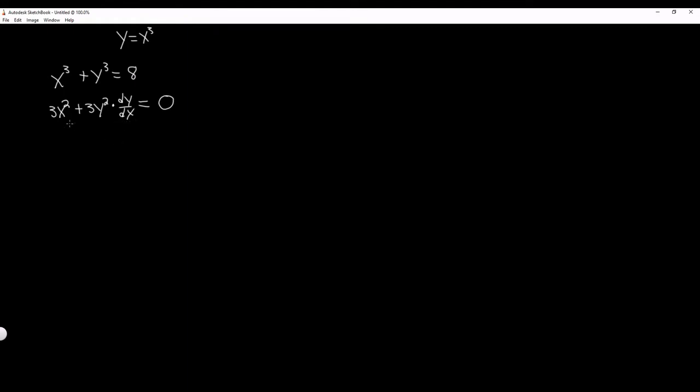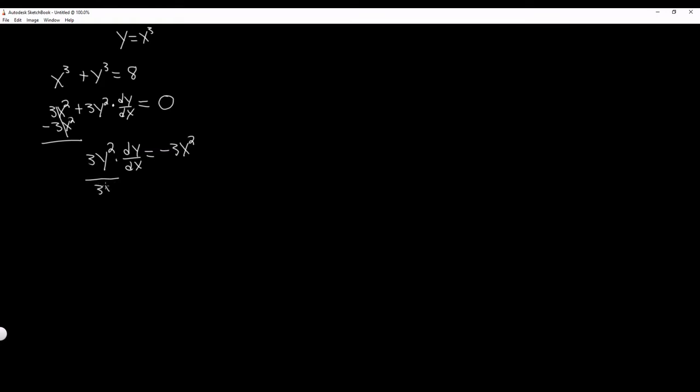Okay, so the way we're going to do it is first we're going to subtract 3x squared from both sides. These will cancel. This will leave us with 3y squared times dy/dx is equal to negative 3x squared. And then all we have to do from here is divide by 3y squared.